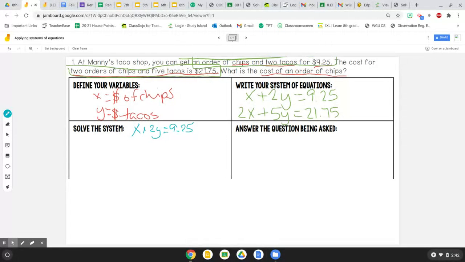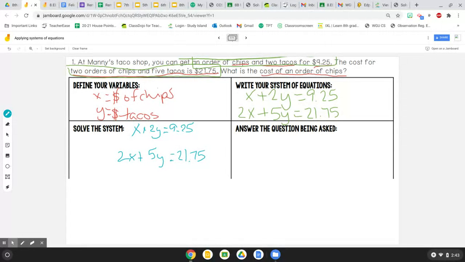And I'm looking at my other one, and I'll tell you the strategy in a second. Let me get this written down. 2X plus 5Y equals 21.75.